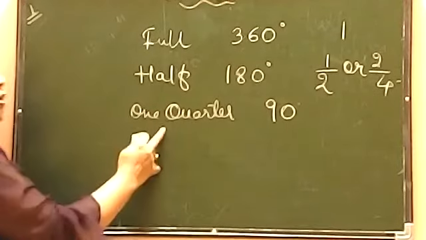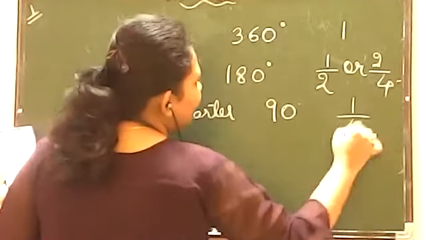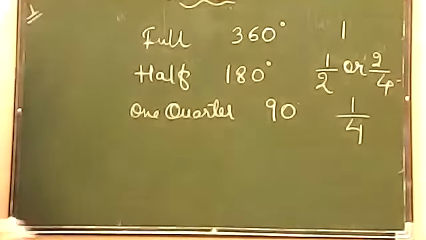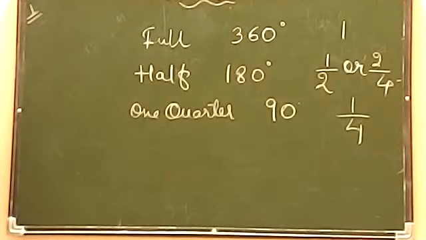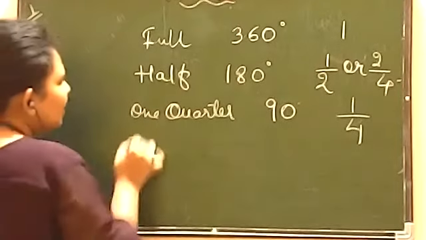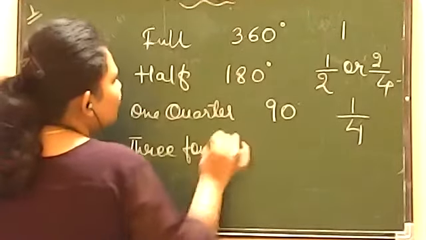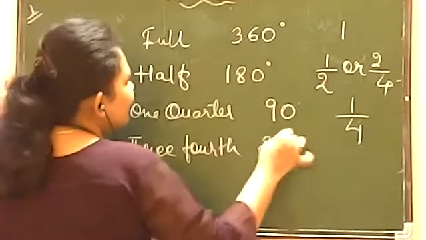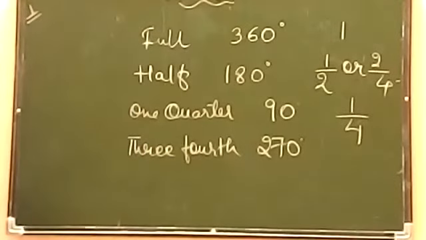When you are talking about 1/4 means 90 degree, you can call it 1/4. Okay, out of 4 parts, you are taking only 1 part. So that will be called as 1/4. And one more is called 3/4. Okay, 3/4 means, beta, 270 degree. 270 degree means 3 right angles. 90 threes are 270.